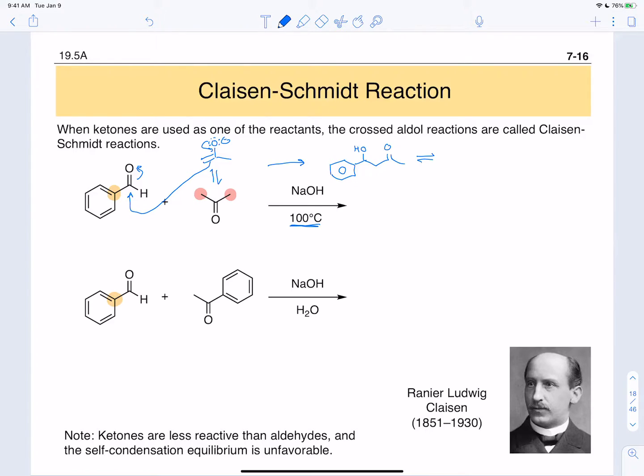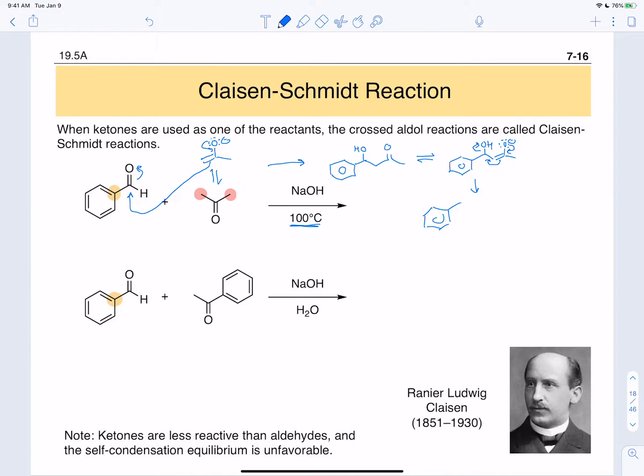And this will continue to be deprotonated at 100 degrees C to give another enolate. And this enolate now just facilitates this beta elimination of water to give our final product. So again, this is absolutely not different at all from the aldol condensation.